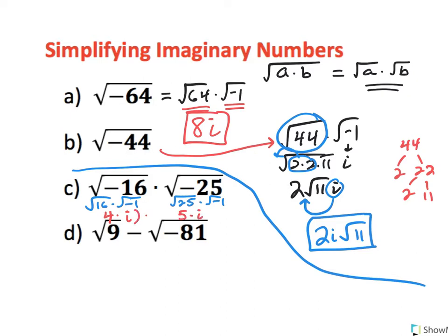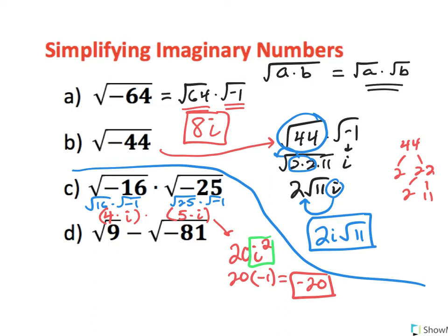So right now we have 4i times 5i, and at this stage, 4i times 5i becomes 20i squared. Remember, we have a conversion formula for i squared: i squared equals -1. If I replace the i squared with -1, I get a final answer of -20 for letter C.